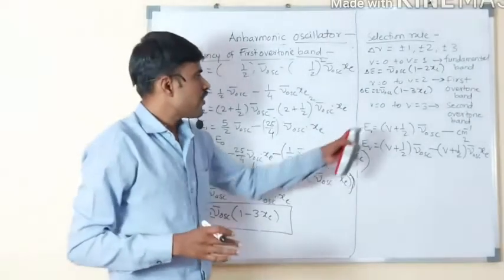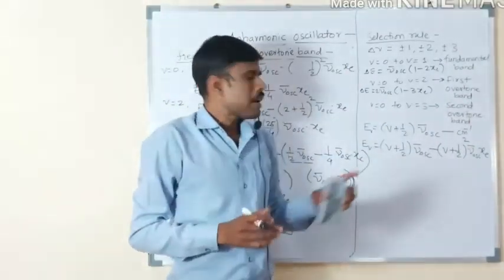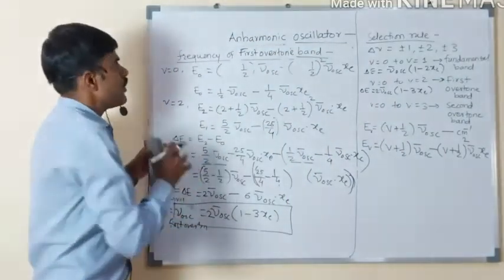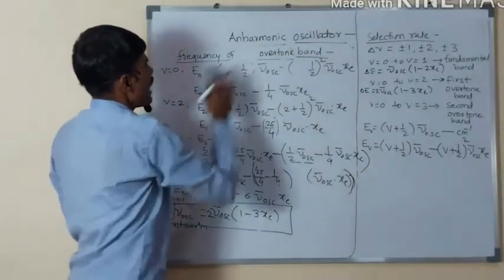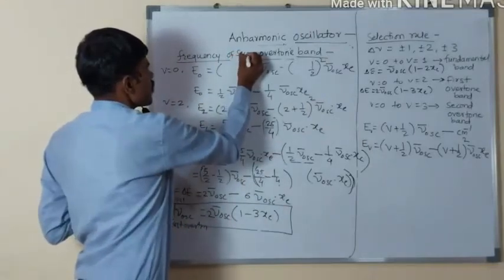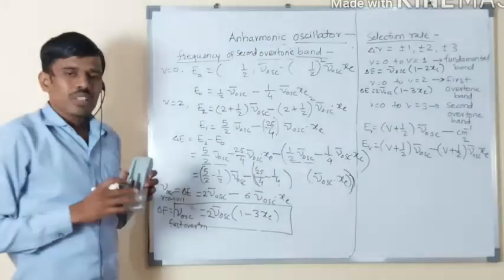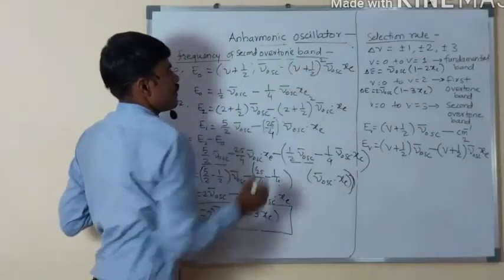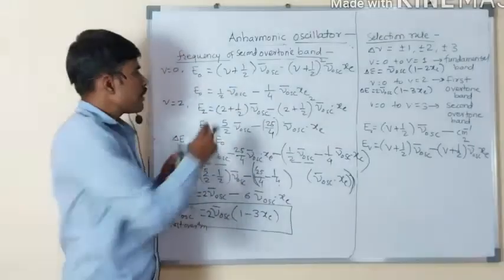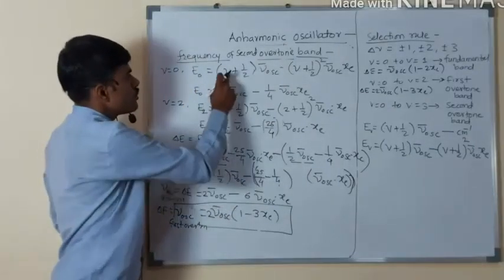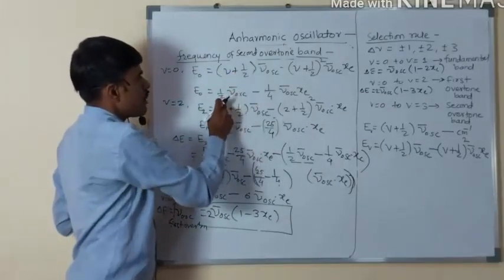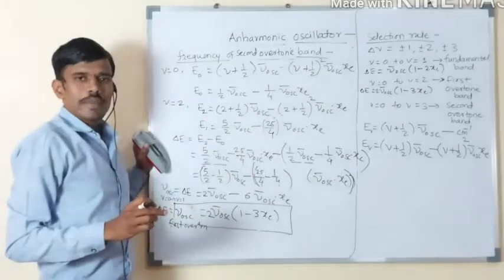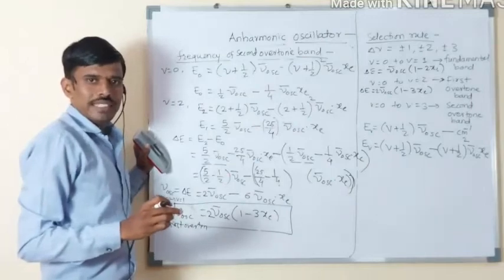Similarly, you can calculate for the second overtone band by putting V equal to 0 and V equal to 3. I am solving here for the second overtone band. After putting V equal to 0, the remaining is 1/2 ν̄ of oscillation minus 1/4 ν̄ of oscillation into Xc.